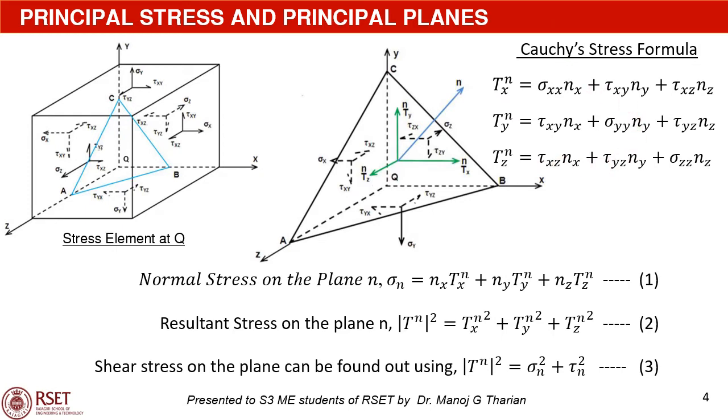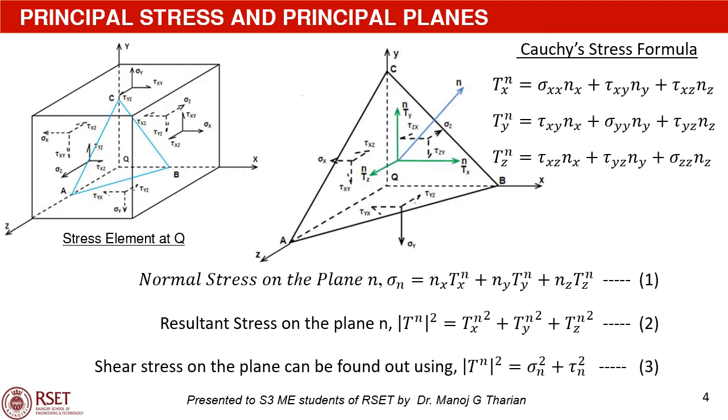After finding out the stress components Txn, Tyn and Tzn, the normal stress on plane n represented by sigma n can be found out using equation 1. That is, sigma n is equal to nx into Txn plus ny into Tyn plus nz into Tzn.